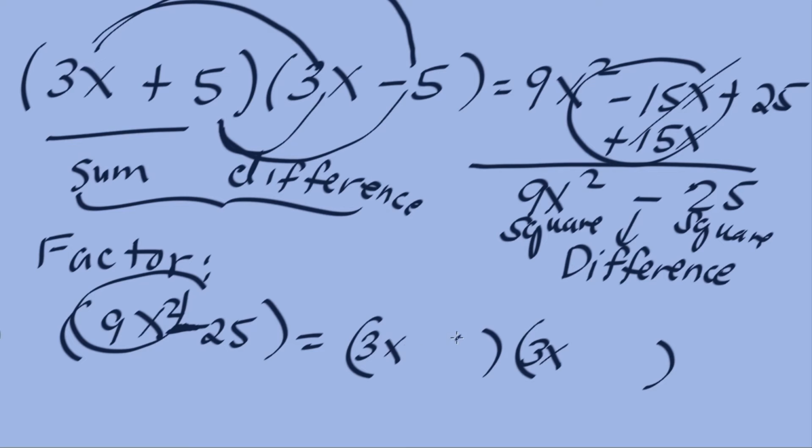And then for the 25, it's going to be 5 and 5. And just want to make sure that one is plus and the other is a minus. So one thing that will help you factor difference of squares is to first recognize that this is a difference of squares, and then you associate that to the types of factors that we can expect, like sum and difference of that same number, 3x and 5.